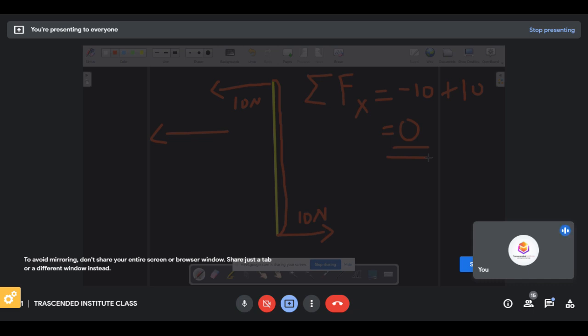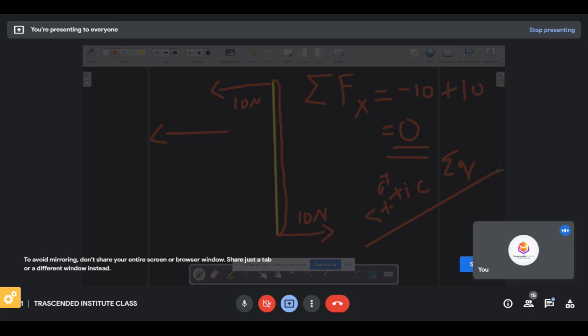So despite having a 0, the object is not in static equilibrium. Are you getting the point? No, I'm not getting the point.